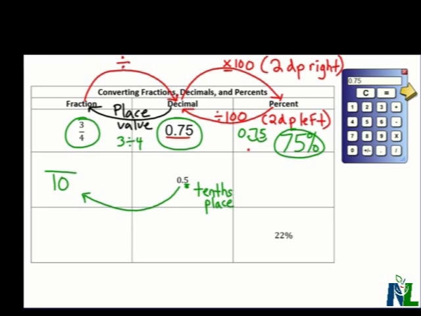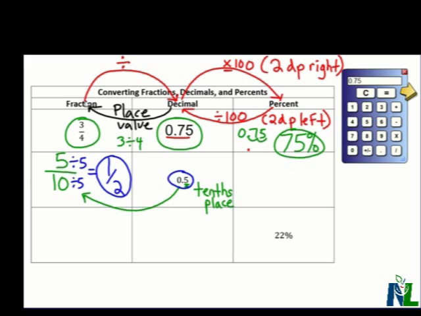The numerator is 5. But like all good fractions, we need to put them in the lowest terms. So I'll divide this by the greatest common factor of 5, and I get 1/2. So 1/2 is equivalent to 0.5.